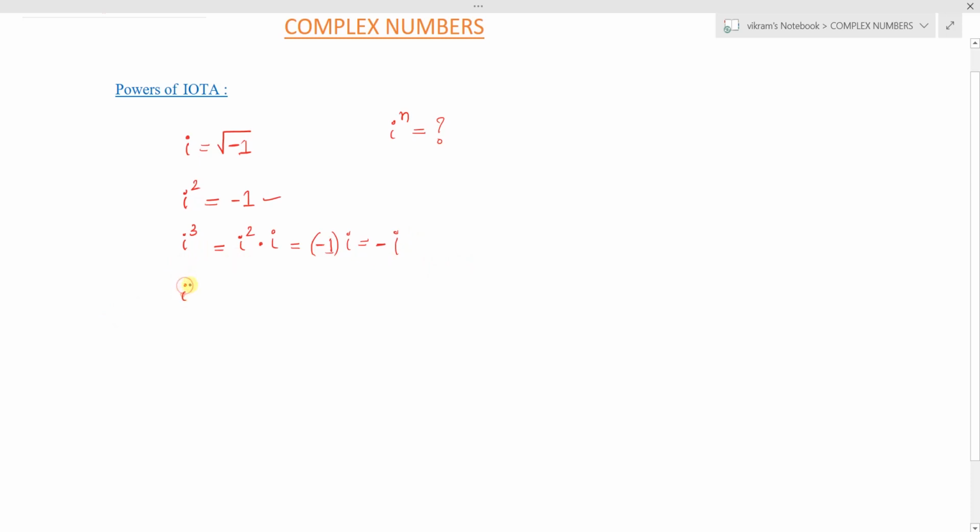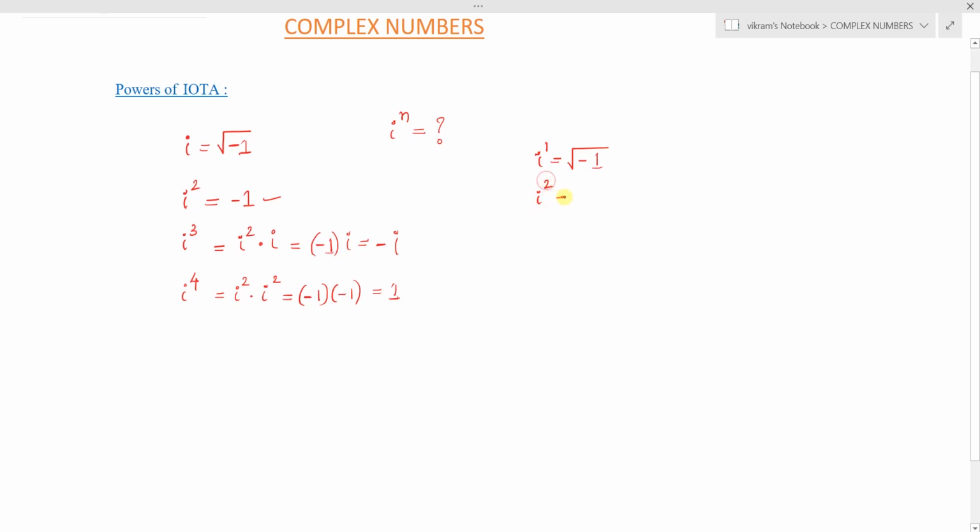Then what is i power 4? We can write this as i square into i square, which is -1 into -1, and we get +1. So I am writing here: i power 1 equals square root of -1, which is iota.